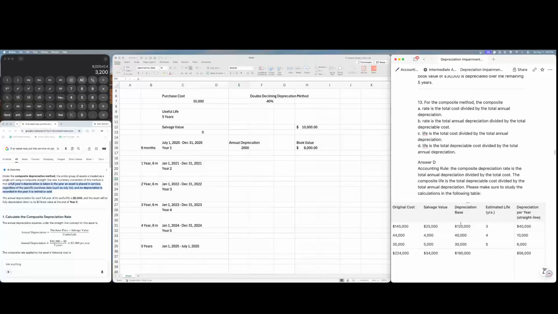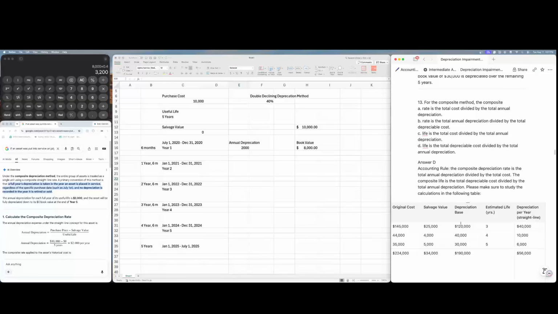For the composite life, as in the useful life of that composite or group, you would get the total depreciable cost. To calculate that, you would add all the original costs and the salvage values of all the items in the group or composite, and then divide that by the total annual depreciation.